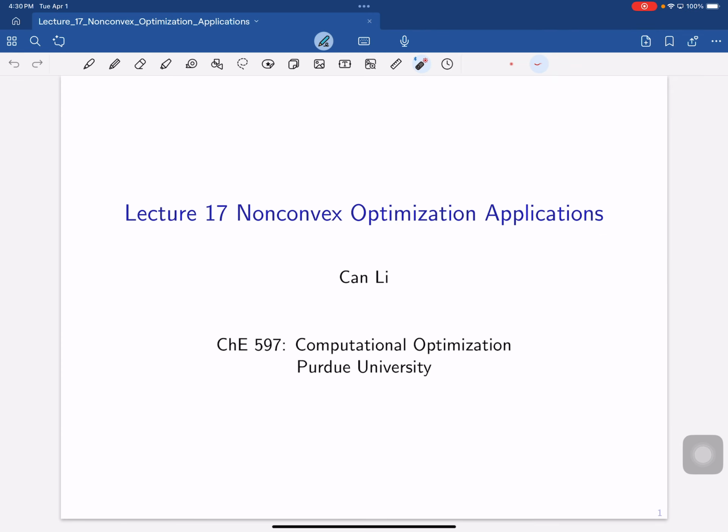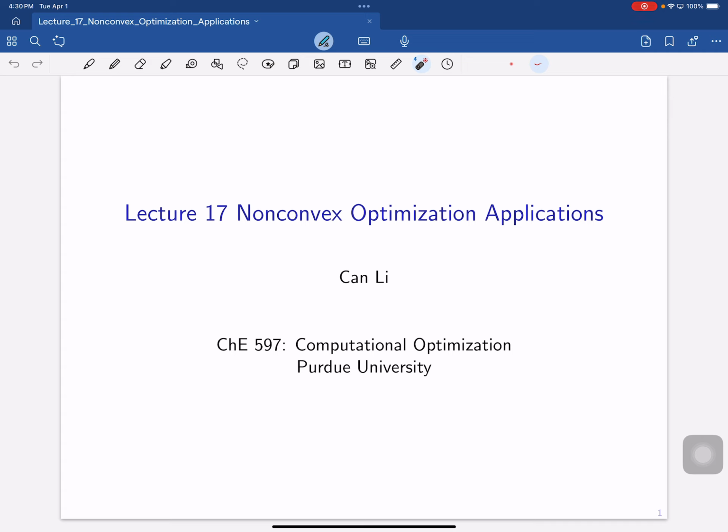Okay, so in this lecture, we will talk about non-convex optimization applications. If you recall, the organization of this class is we will talk about problems with increasing complexity. We'll start with unconstrained optimization problems, then we talk about linear programs with linear constraints. And then we talk about nonlinear programming with nonlinear constraints, but mainly focus on convex problems.